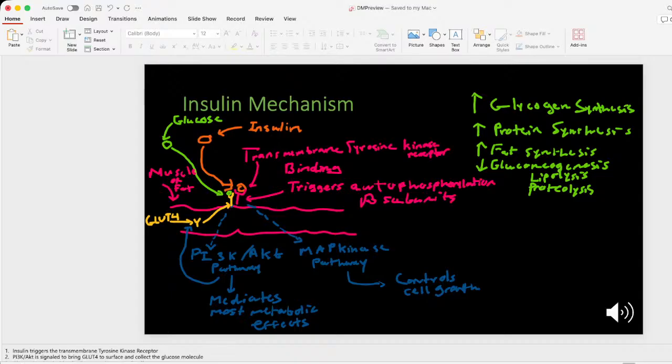At least the GLUT4, you can see how that goes to the surface there and then helps with taking the glucose. Once insulin triggers this transmembrane tyrosine kinase, then you could see that the GLUT4s can go up to the surface. Without an insulin binding, it's not going to do anything. So the insulin is very important in this case.